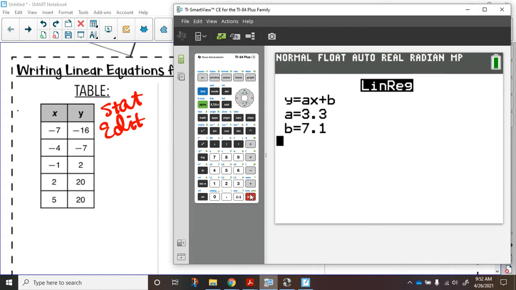Since these are pretty decimals, I'll leave them as decimals. What we're doing is replacing the A and the B with the numbers they gave us. So we have y equals 3.3x plus 7.1. And that would be our equation given a table.